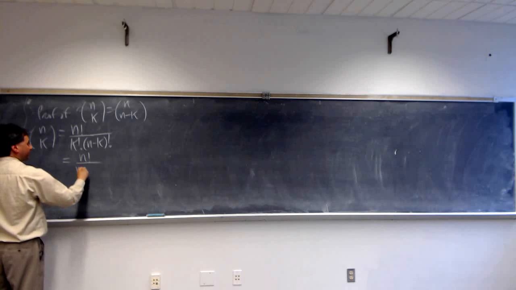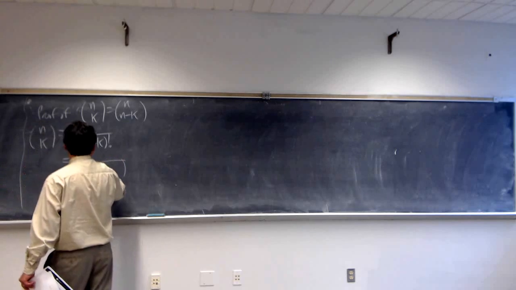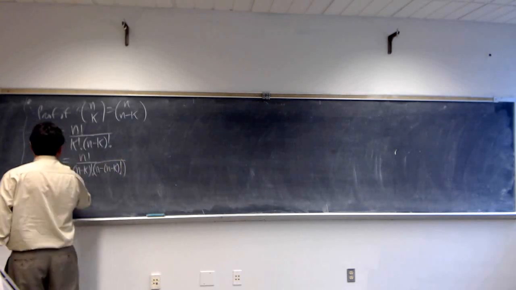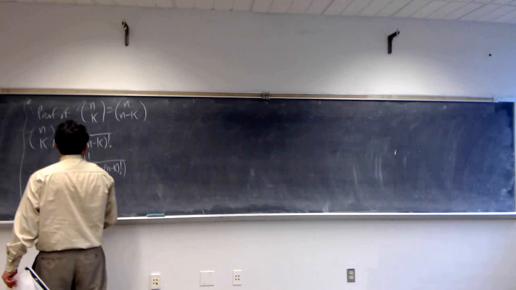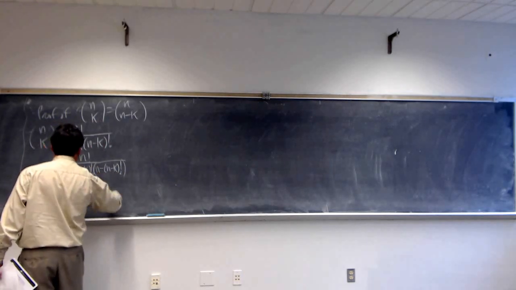But this is really the same as n minus k factorial. We write that here. And then we can rewrite it with k factorial as n minus k factorial. But this is exactly n choose n minus k.